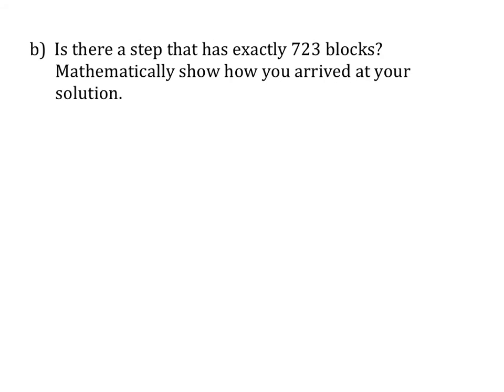Still going to use our explicit equation. Let me write that again now. B equals 4n plus 5. To answer this question, is there a step that has exactly 723 blocks? Mathematically show how you arrived at your solution.